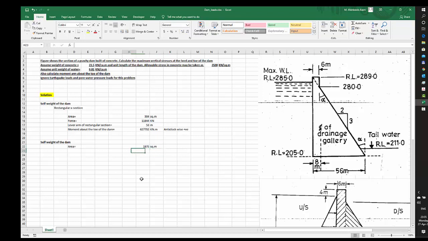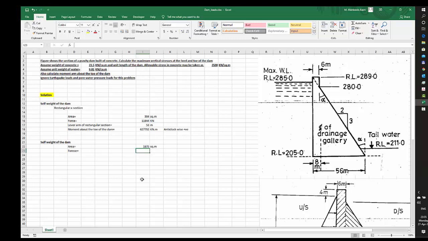Fine. Next is to calculate the force out of it, and I just have to multiply the area with the unit weight of concrete and multiply it with 1, because I'm calculating it for the unit width of the dam.